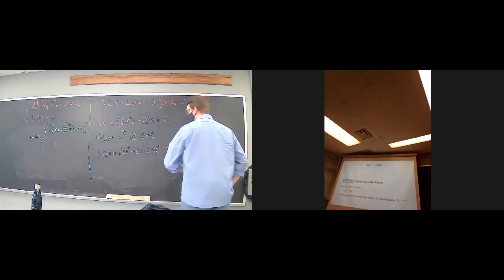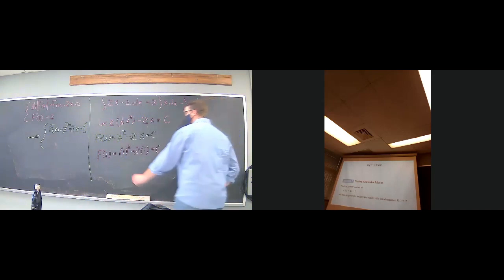Now f evaluated at 1 is equal to 1 squared minus 2 times 1 plus c, which is equal to 2. So this thing's going to come out to be 1 minus 2 plus c is equal to 2, or negative 1 plus c is equal to 2.